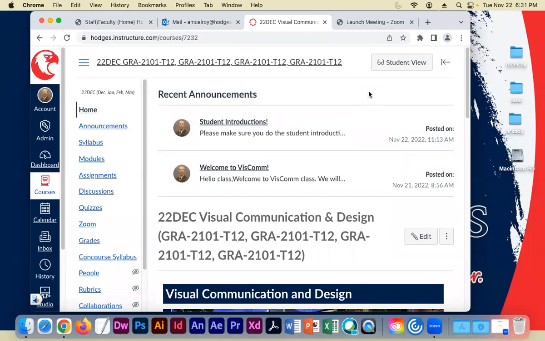It is not a requirement for Hodges University students to take those, but it is an option for some students that just want to do it for out-of-pocket costs to take the exam so that they can add to their CV or their resume that they are ACE certified.